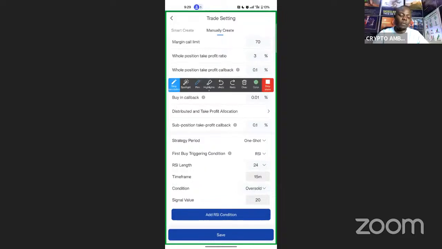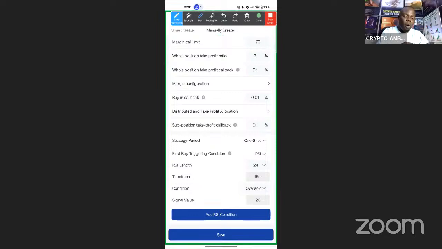For the time frame, it is fixed. It is 15 minutes time frame. Then let's go to the condition. Now, the condition, you can choose to go in for the oversold. When you tap in the oversold here, you will not be able to change the signal value here. Because the oversold, we said, when we draw our RSI like this, this is 20.